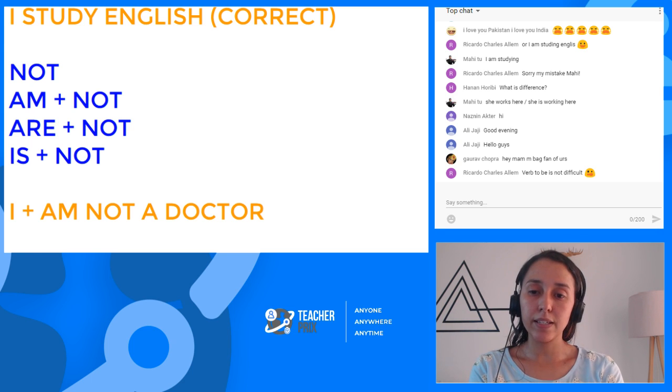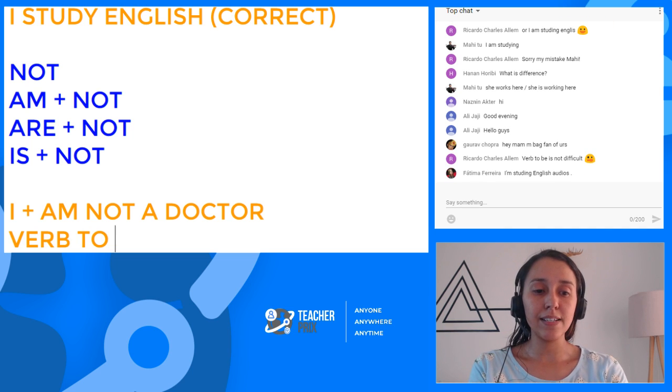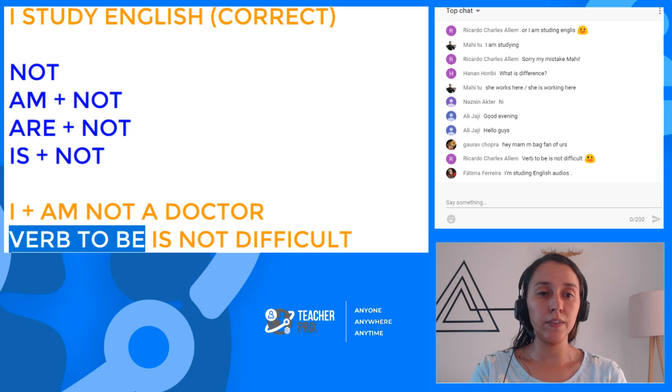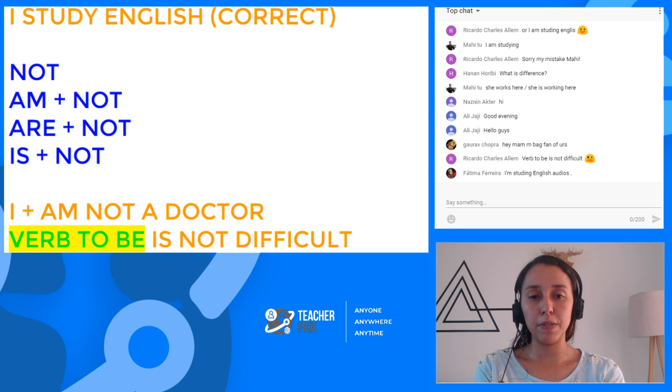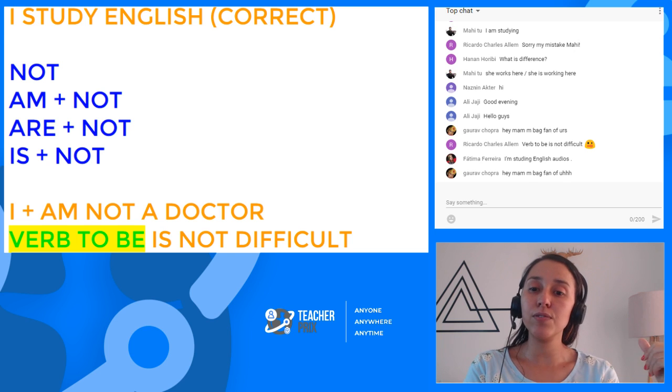I'm not a doctor. Ricardo is saying verb to be is not difficult. Now that's interesting. Let's use his example. He says that verb to be is not difficult, and I agree. Now, what's different here? Here, I'm not using I, you, they, or we, but I'm using verb to be.